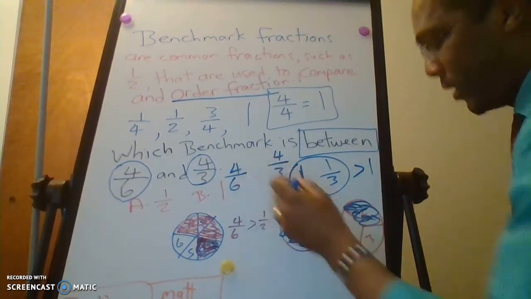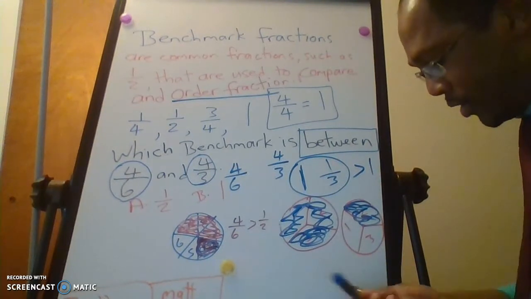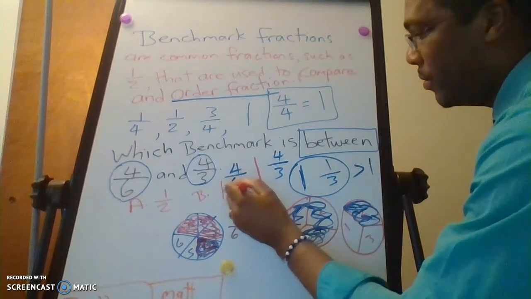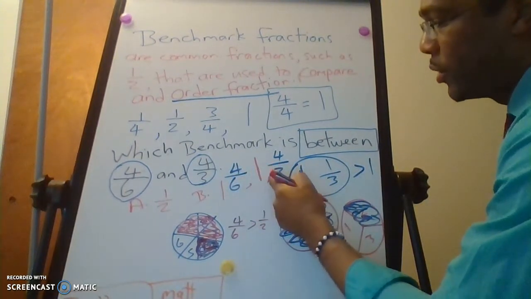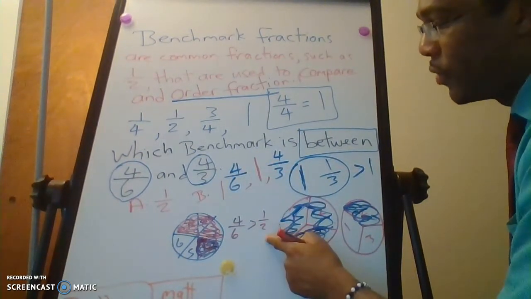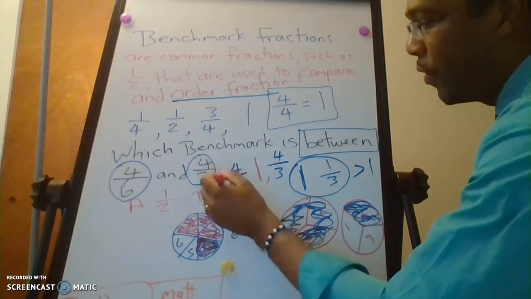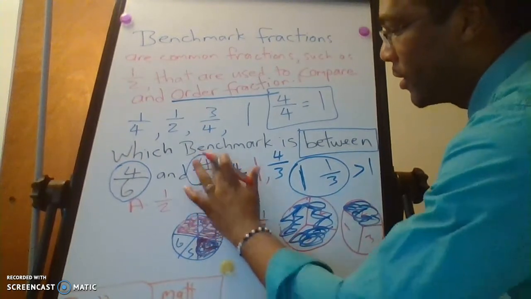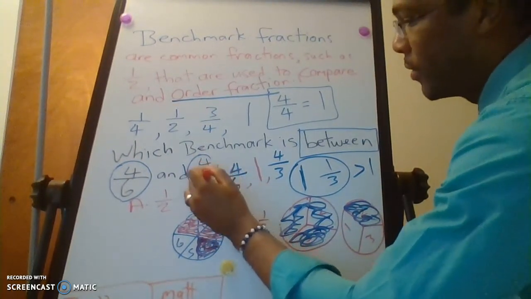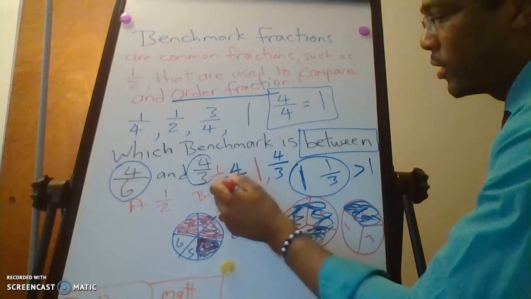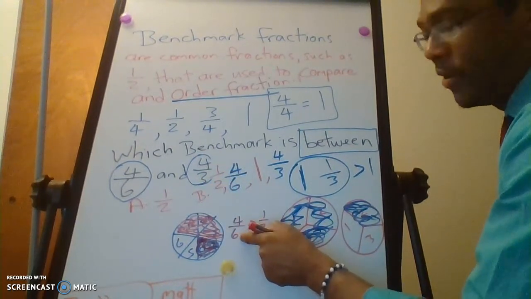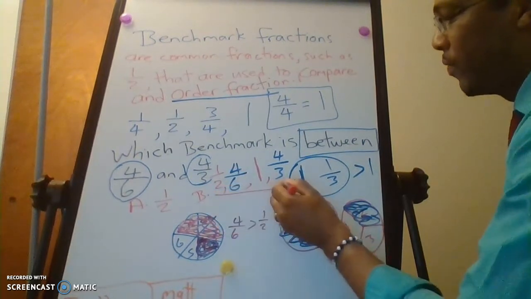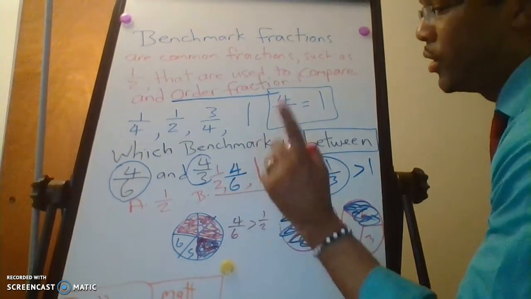So I know 1 comes between them. Where does half go? Half goes before, because we know that 4 over 6 is more than a half. And so our answer would be 1.